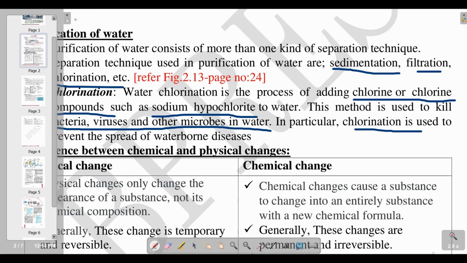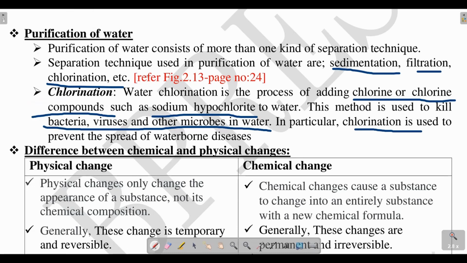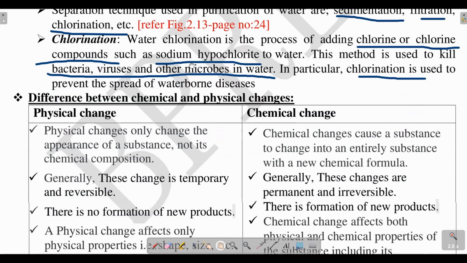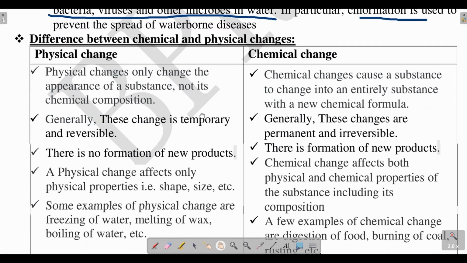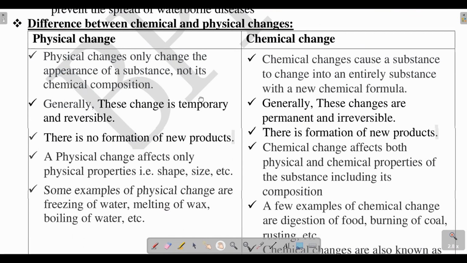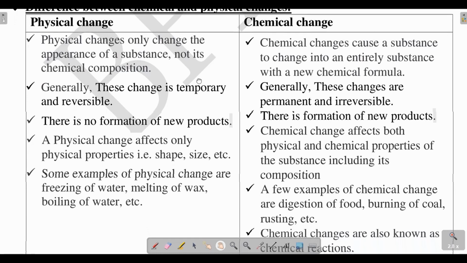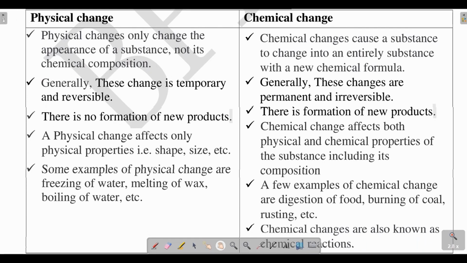Now we are going to discuss chemical change and physical change. What do you understand by chemical and physical changes? That is very simple. We already learned it in earlier classes. Let's see the differences between physical and chemical changes. A physical change only changes the appearance of a substance, not its chemical composition.